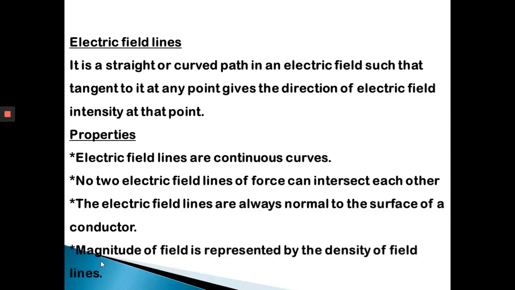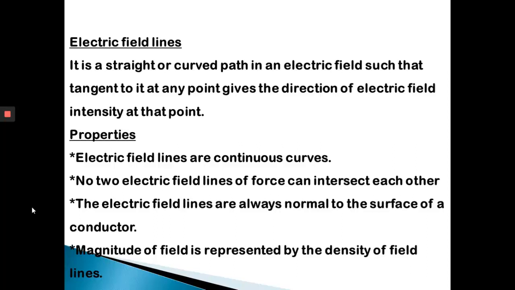And the next one is the magnitude of the field. What will be the value of the electric field? Electric field is represented by the density of field lines. If the number of field lines is more, then we can say the electric field intensity is also more over there. If the field lines are fewer, the electric field intensity will also be less.